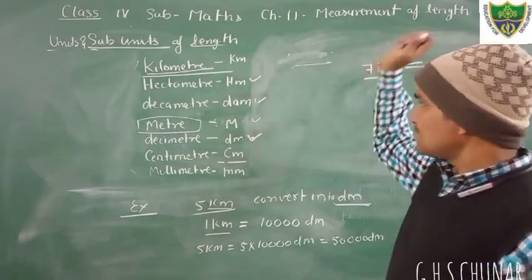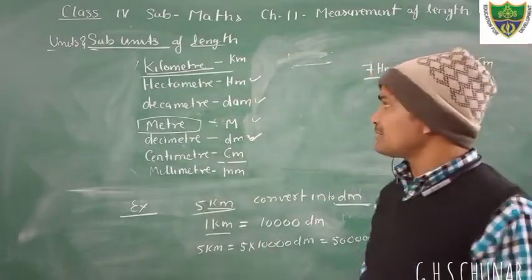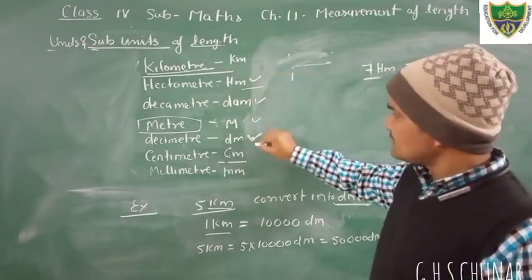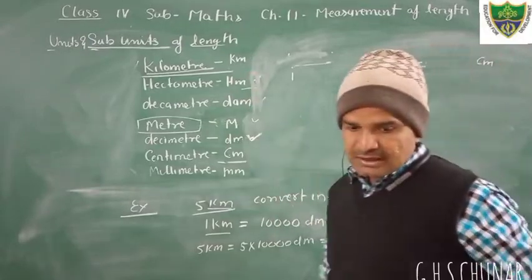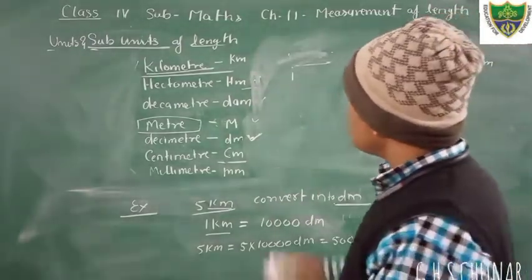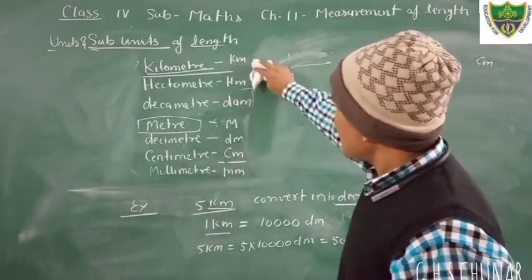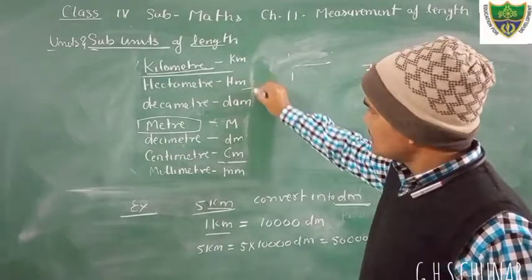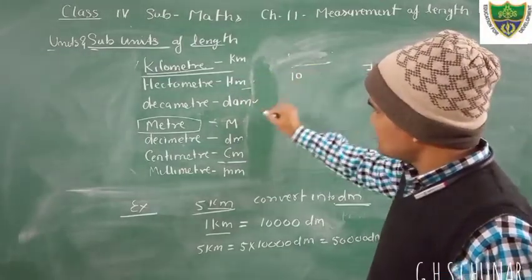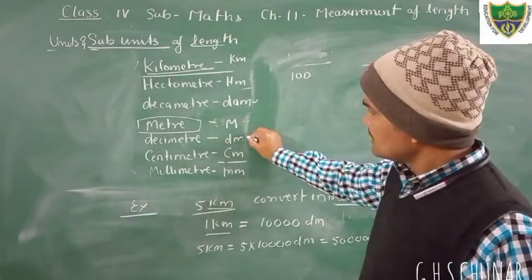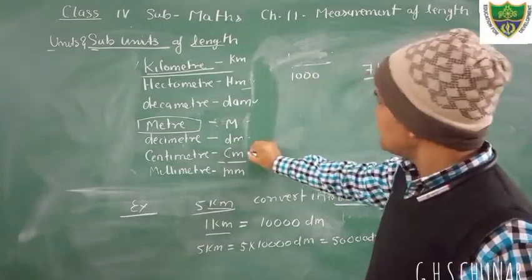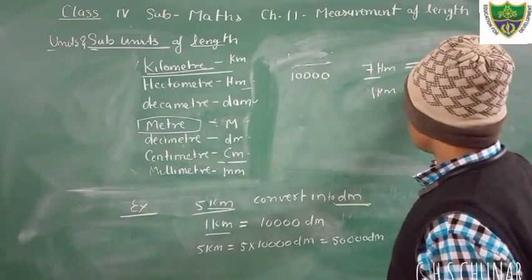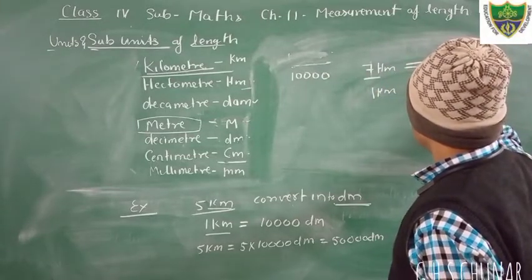To find out the relation, we will write at the front of hectometer 1, and to reach the centimeter, at how many units do we go? That means hectometer is 1, then decameter 10, meter 20, decimeter 30, and centimeter, that is 40. So 1 hectometer is equal to 10,000 centimeter.